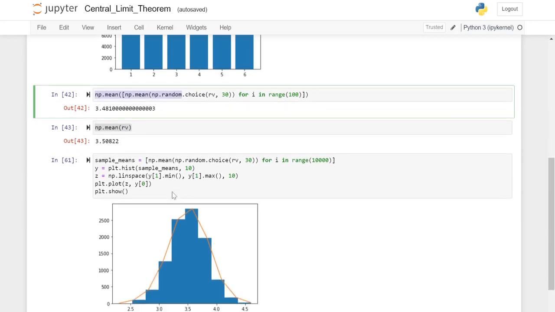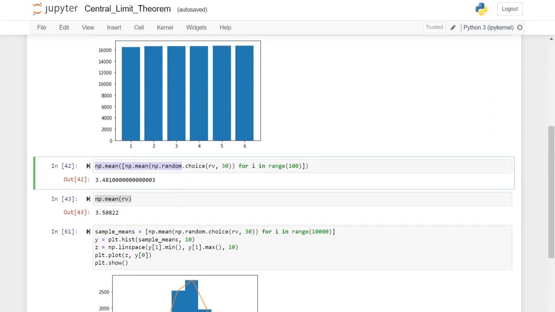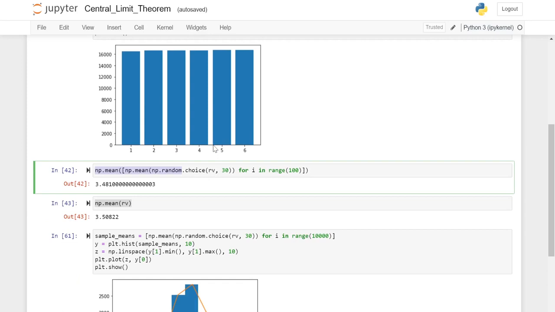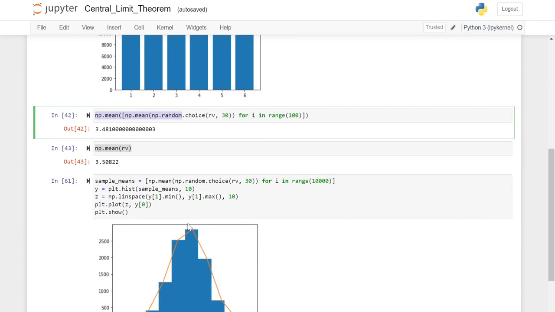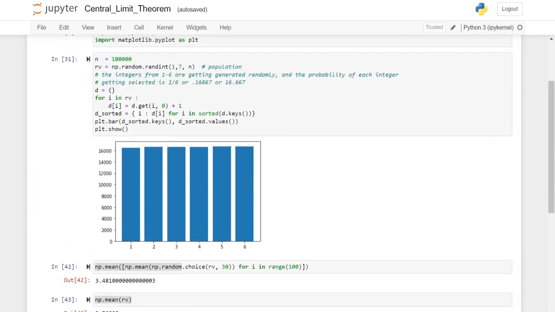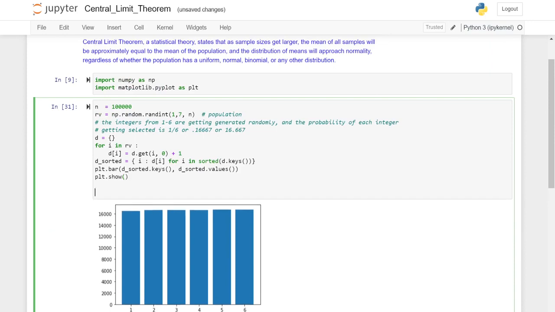And the second conclusion is that our population comes from a uniform distribution, and when we have taken several samples and taken the mean of each sample, and drawn a histogram for those means, it takes the shape of a normal distribution. That is the conclusion. So what we can do is copy this as well here.